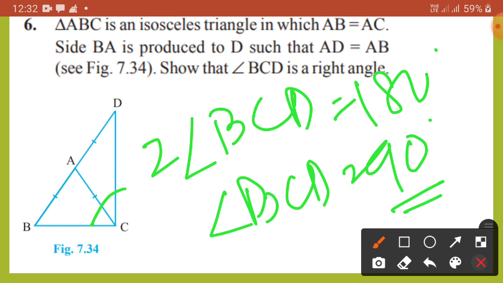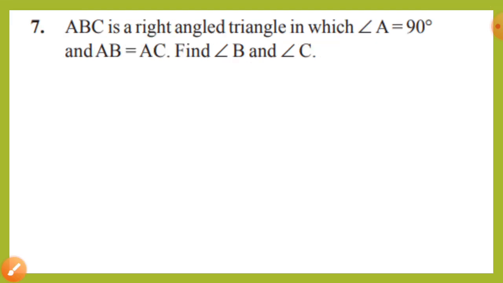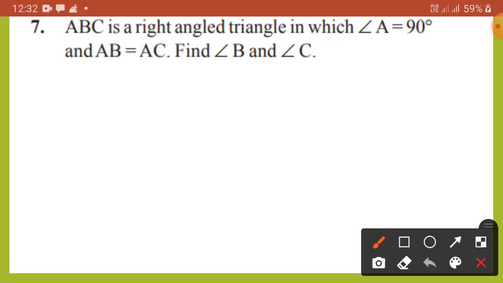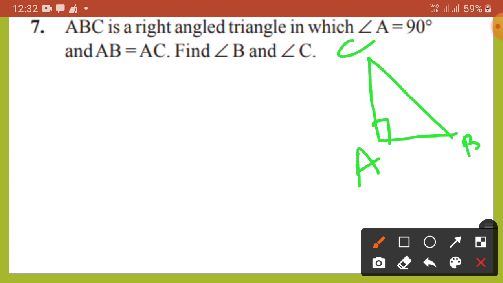Okay, now question number 7. ABC is a right angle triangle, suppose it is a triangle with vertices C, B and A, in which angle A equal to 90 degree and AB equal to AC.